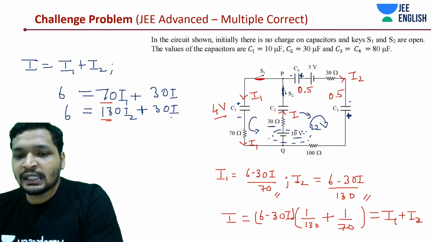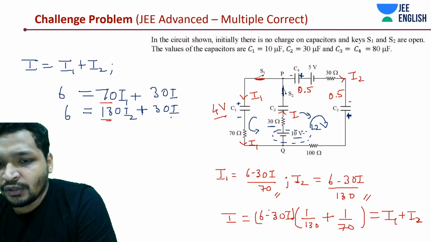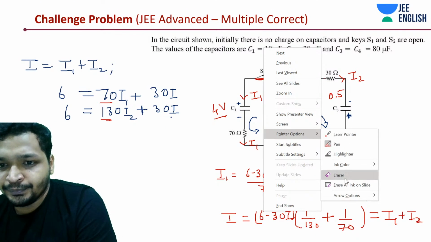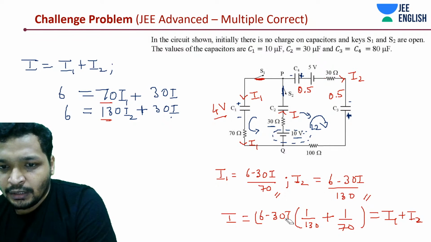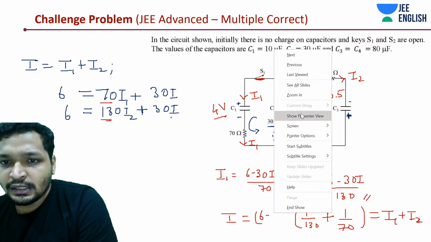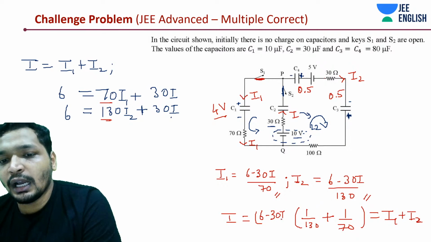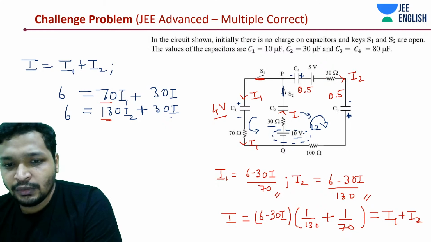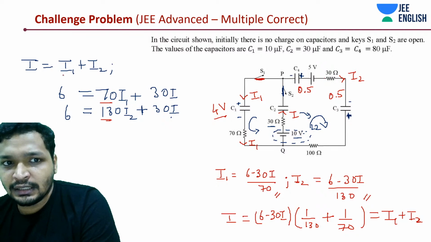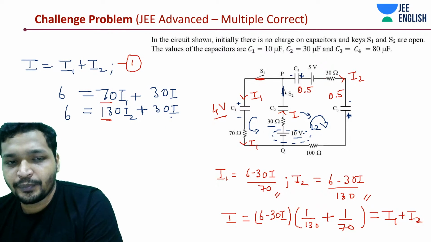Okay, so that is 60 minus 30i plus... I'll write it down again. 60 minus 30 I, was it I? Yes, I just added this, use this equation.